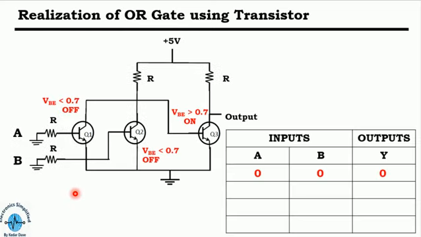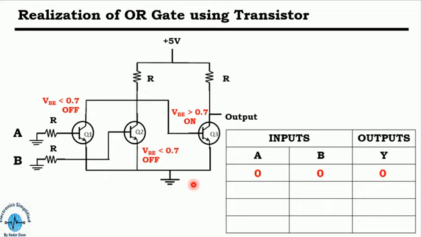First of all we give both the inputs as 0, and Q1 and Q2 will be in the off condition, but Q3 will be in the on condition, and the current flows like this, as in the previous AND gate transistor logic circuit.